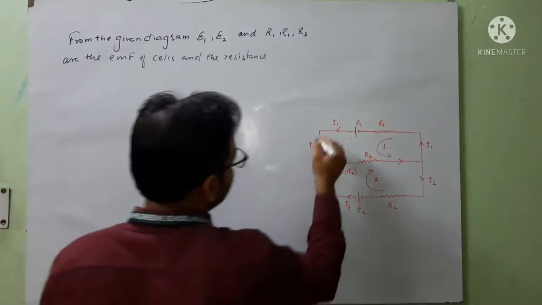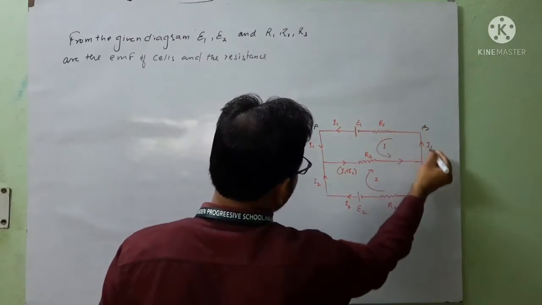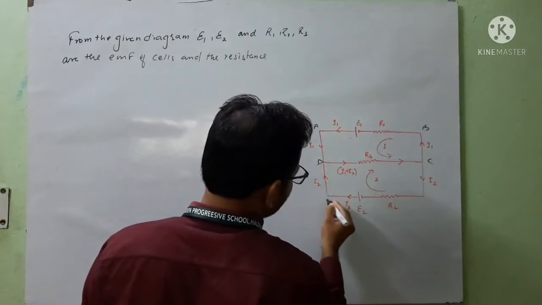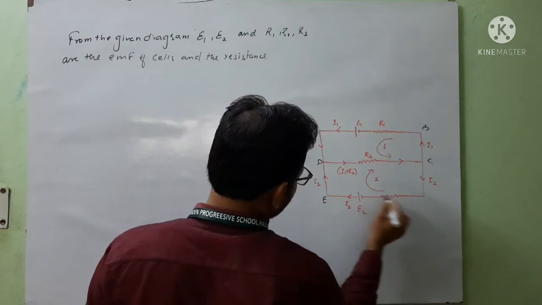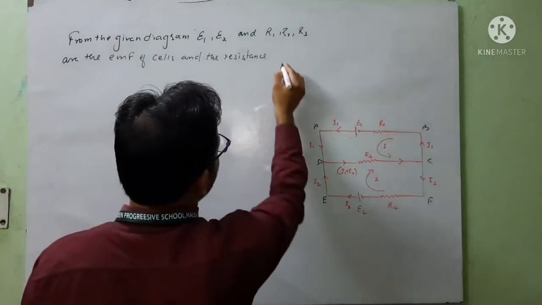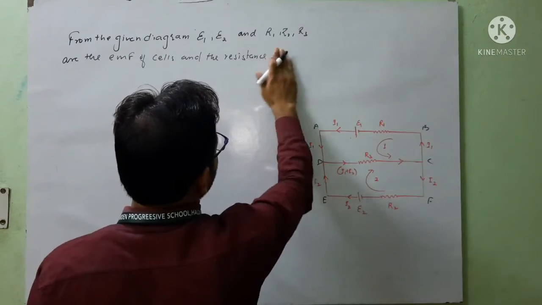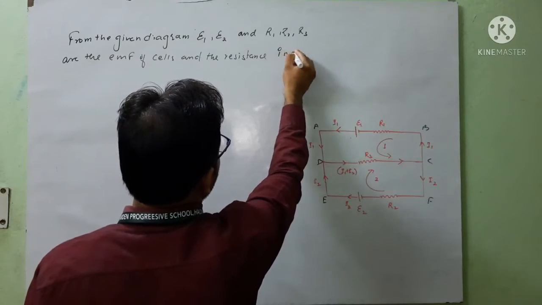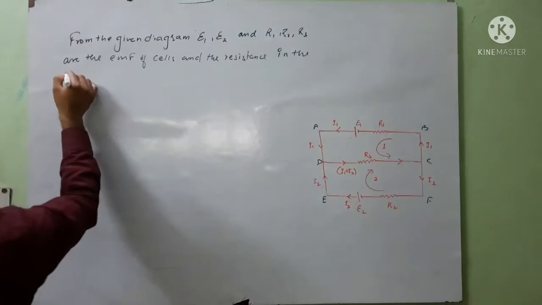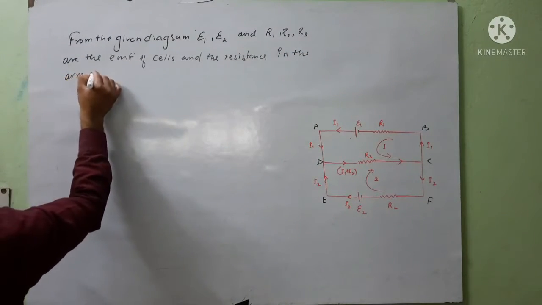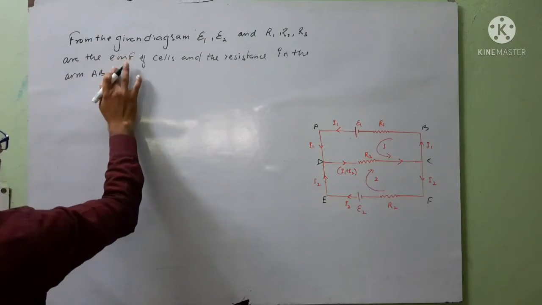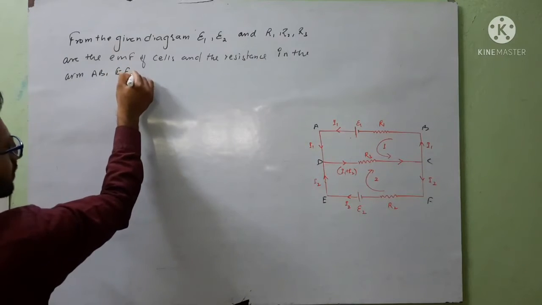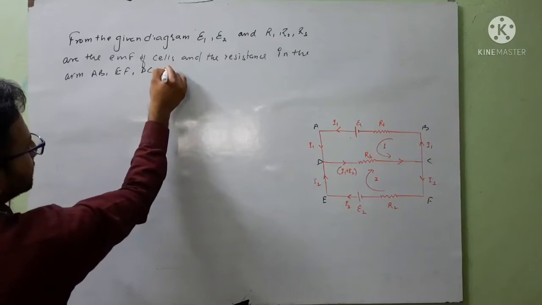Suppose this is our AB, this one is our CD, this is our A, B, C, D, E, F. In the arms A, B, E, F and D, C respectively.